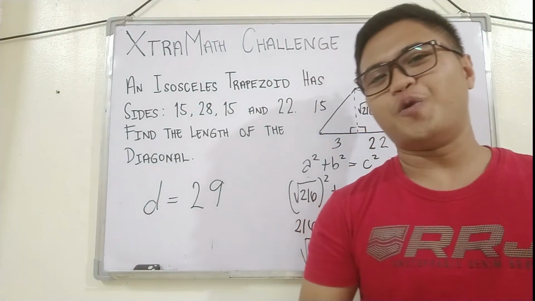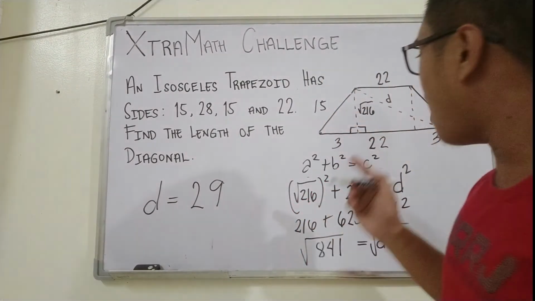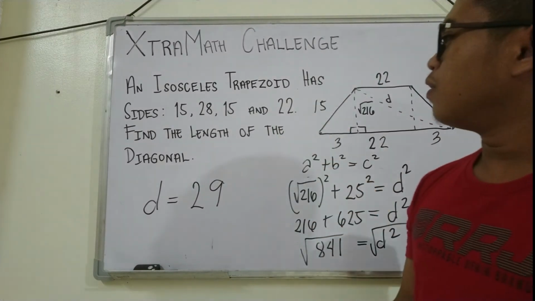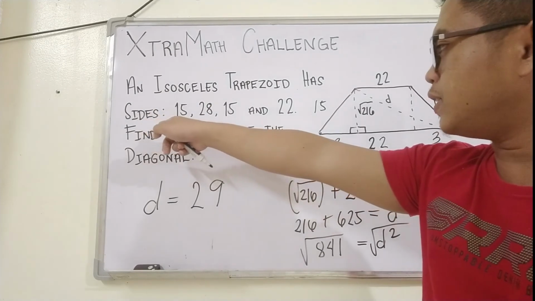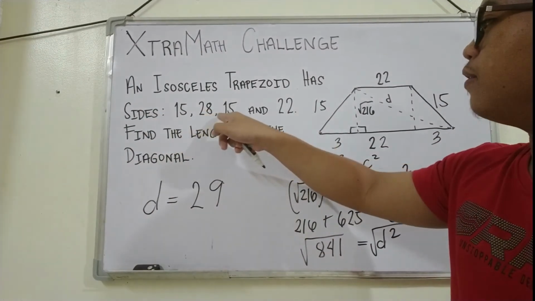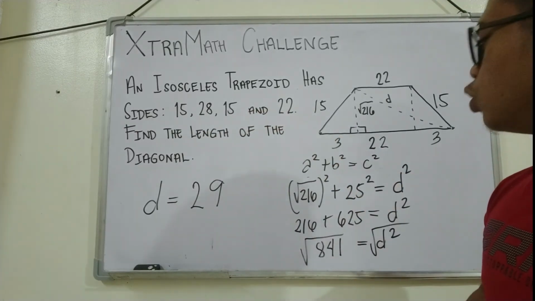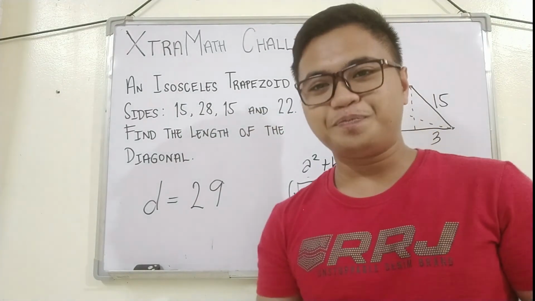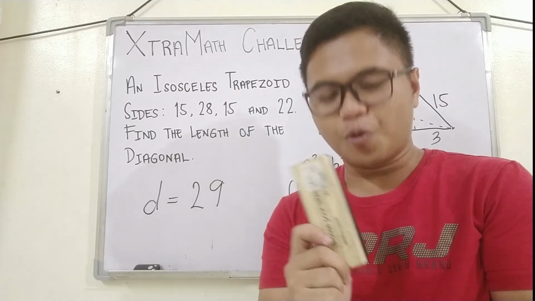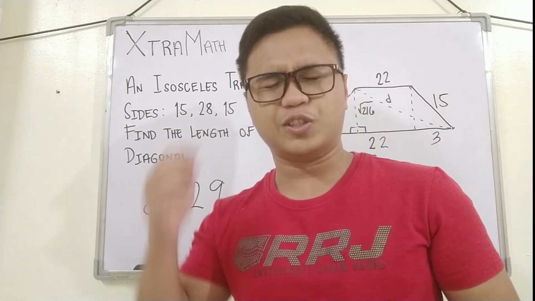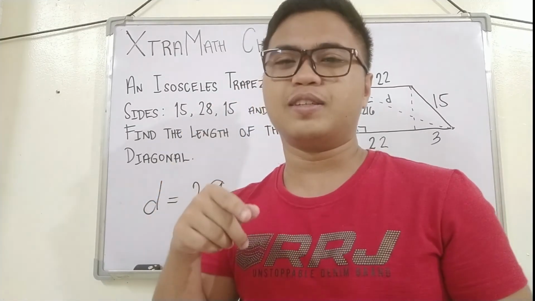That's it. We have now solved the diagonal of the isosceles trapezoid, which had sides 15, 28, 15, and 22.